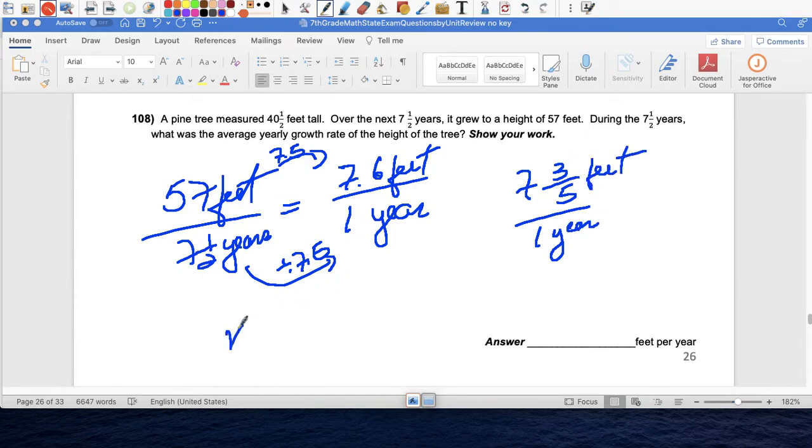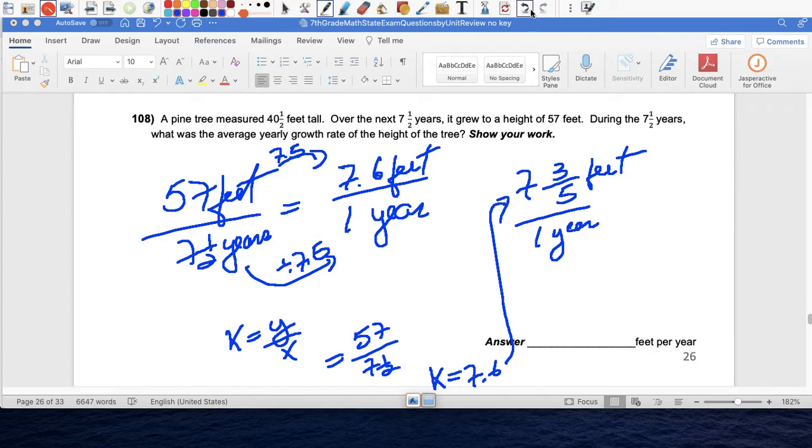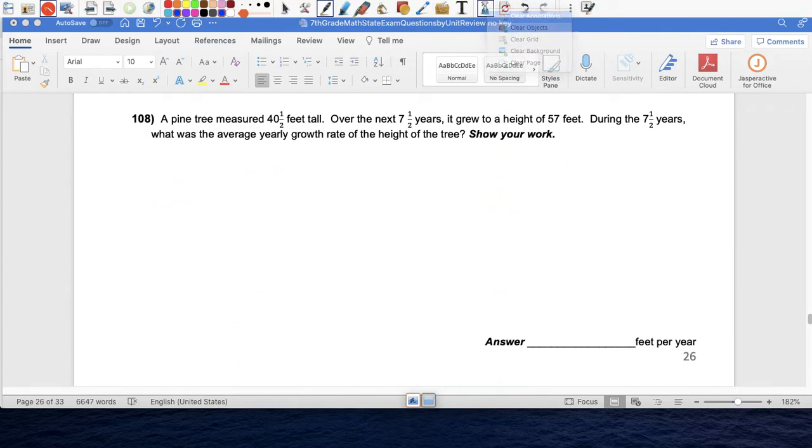Okay, so if you did k equals y over x, that's okay too. You would have used the same numbers, 57 over 7.5, which would have given you that your constant of proportionality K is 7.6, which is also your unit rate.